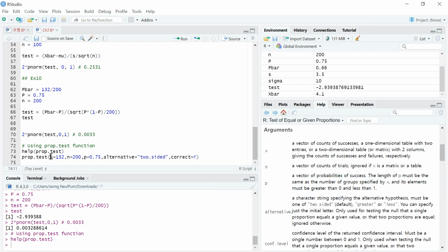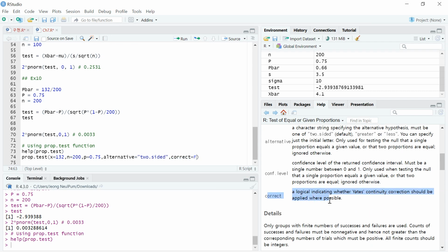Here x is 132, the sample size is 200, and our claim is that the population proportion is equal to 0.75. Because we are dealing with a two-sided test, we set the alternative as two-sided and the correct option as false. I'm not sure about this correct argument, but let's set it as false.